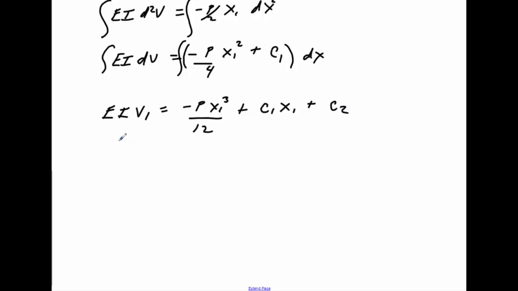Now at this point here, we can set up our boundary conditions, and that's what you want to do because you want to determine what the C1 and C2 are. And you can either do it now or do it later. It makes no difference. So I've got my boundaries.